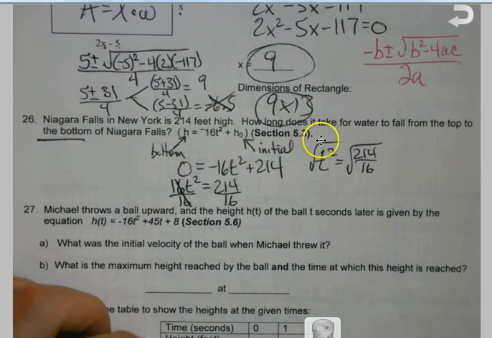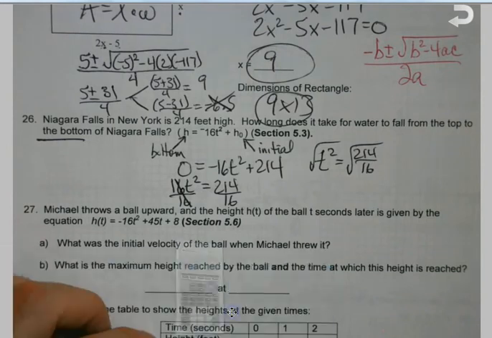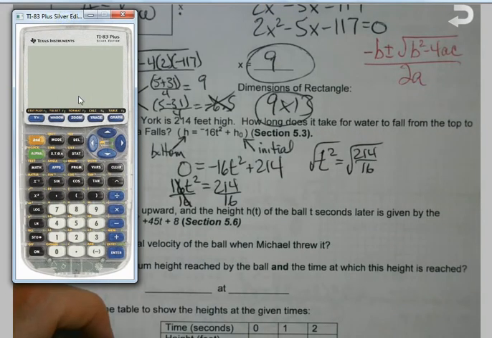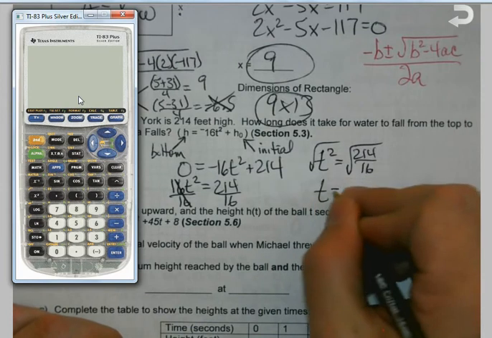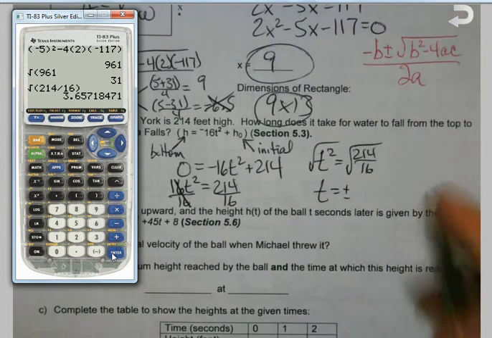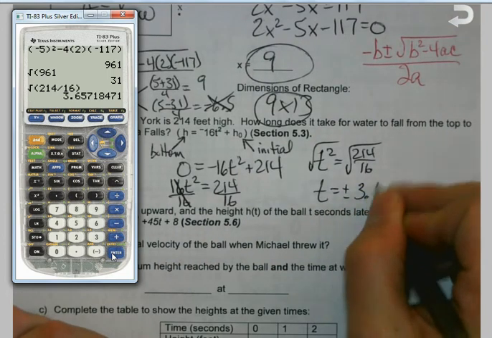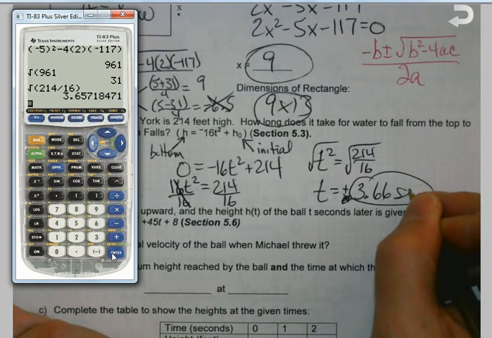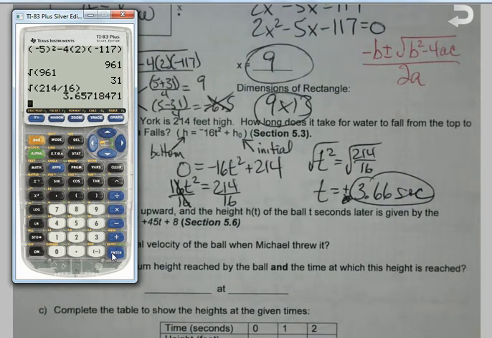But I want to be exact, so I'm not going to do any rounding until the very end here. So if I work on getting my t by itself, and I know I won't use the minus number, I'm just staying in a good habit. So the square root of 214 divided by 16. And this is where we are allowed to use a decimal, not the negative though. And that's how long it would take.